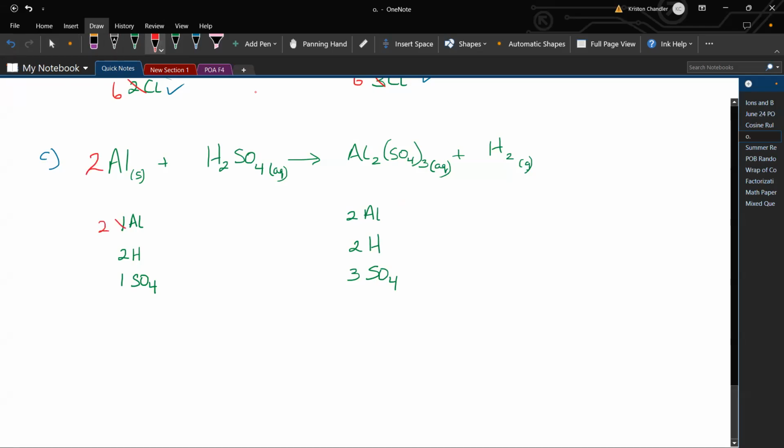Then we have 3 SO4s and 1 here, so I need a 3 in front of this. That'll give me a 3 to balance with this. But now that makes this 6. To get this to become 6, I need to put a 3 in front of it to make it 6.